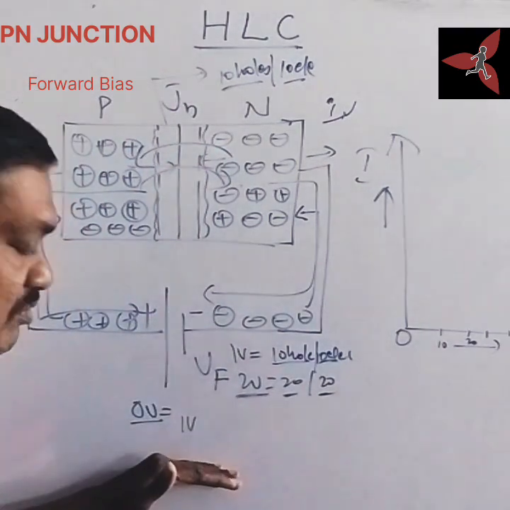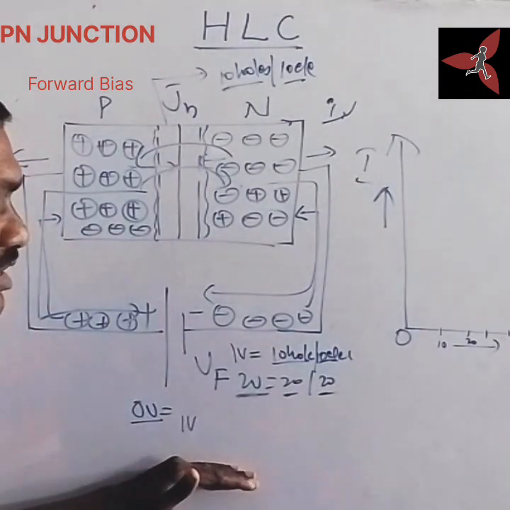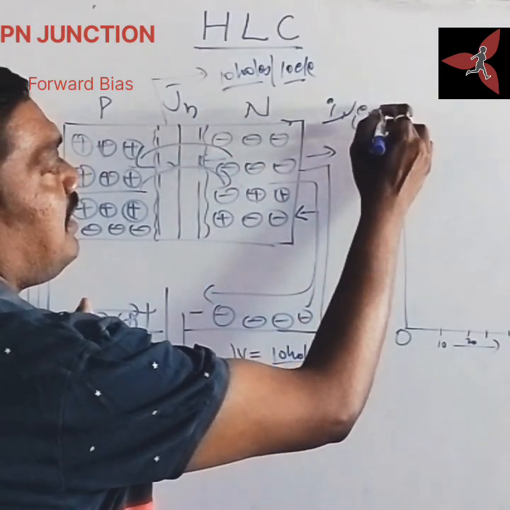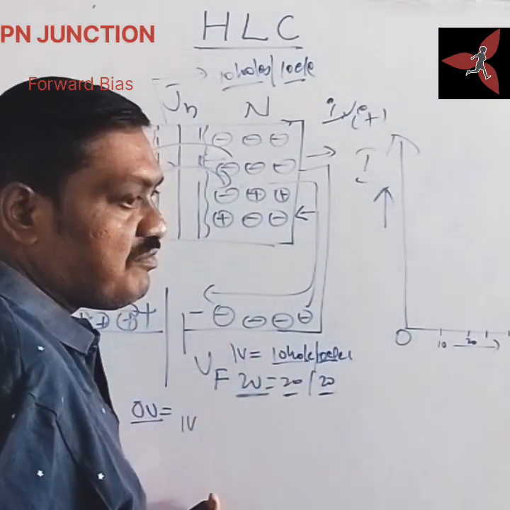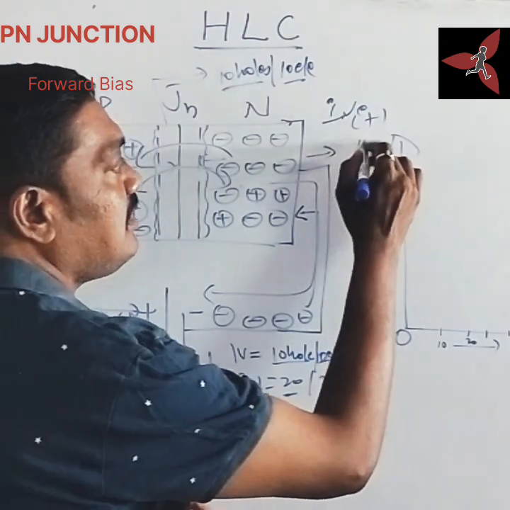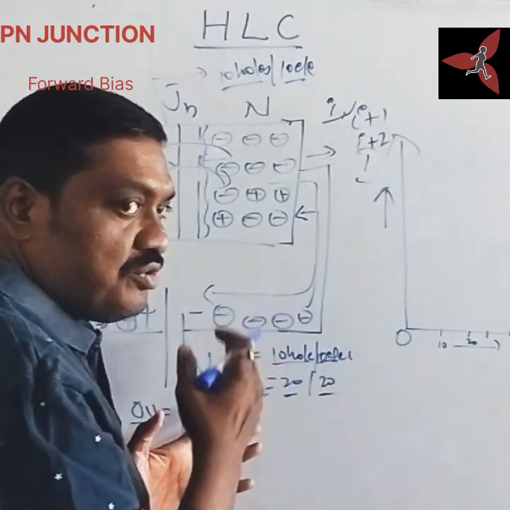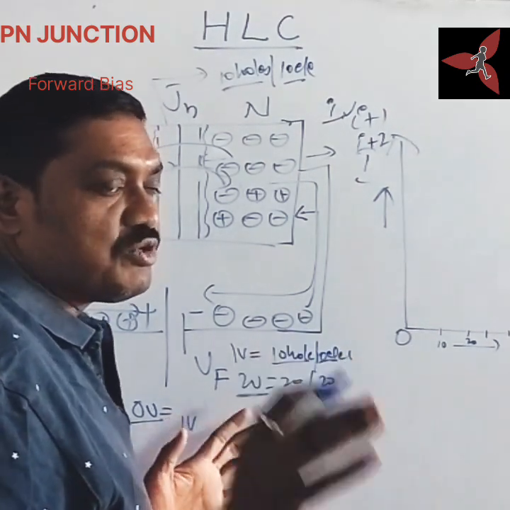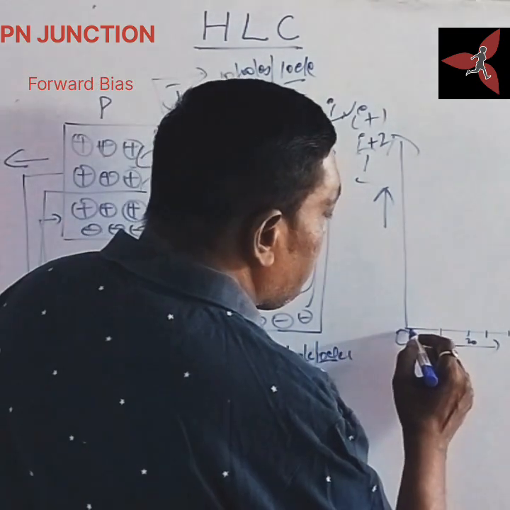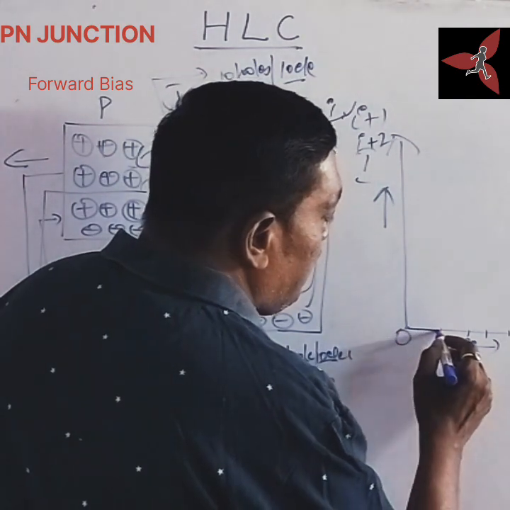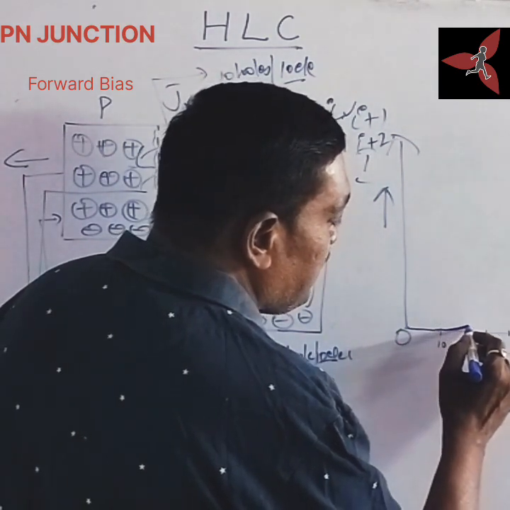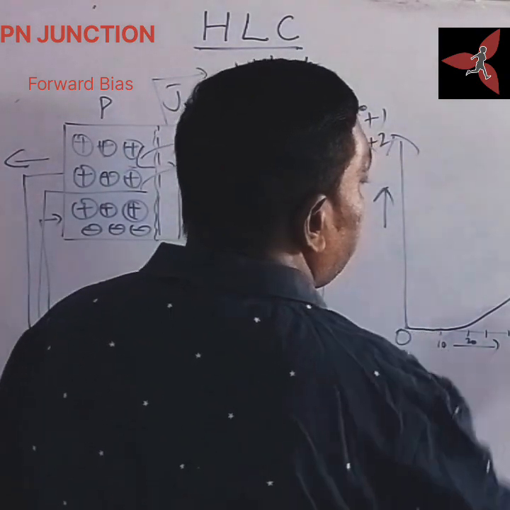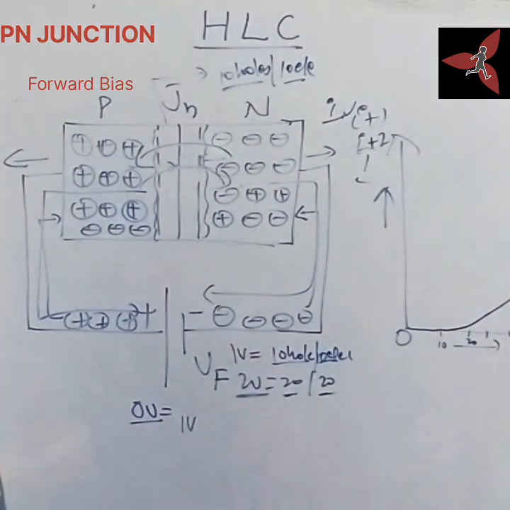If you increase the voltage, if you apply 3 volts, 30 holes and 30 electrons, the current increases. And at 4 volts, again the current increases. As you increase the input voltage, the current also increases proportionally, so you can mark the graph, after the threshold, as an increment in the forward bias.